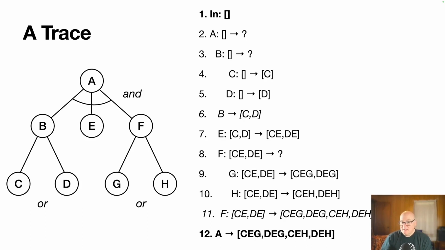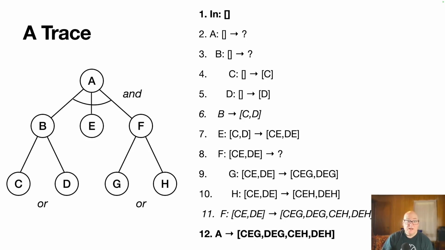Well, the E node is a sibling of B, and with an AND tree, it's going to take whatever it got from its previous sibling. So that's B, and the result of B was C and D. So that's why line 7 E starts with C and D, and then with a leaf node, you basically append yourself to each existing scenario. You don't generate new ones; you just append. So C and D becomes CE and DE.